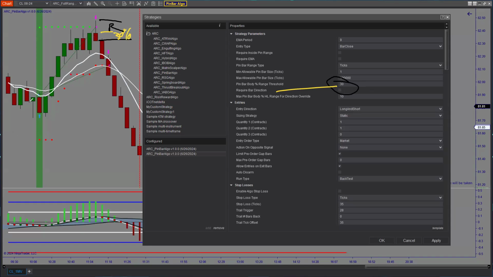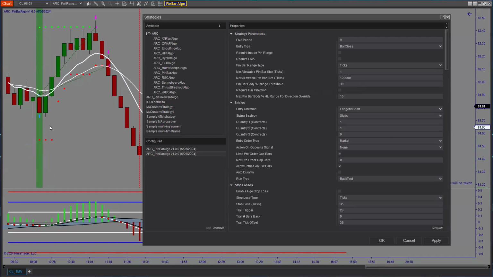Right? So, assuming it's a 10 tick range bar, which it's not, but let's make math easy, that means the pin bar body cannot be more than 3 ticks. Okay. So it has to be less than 30% body and then more than 70% wick in that case.